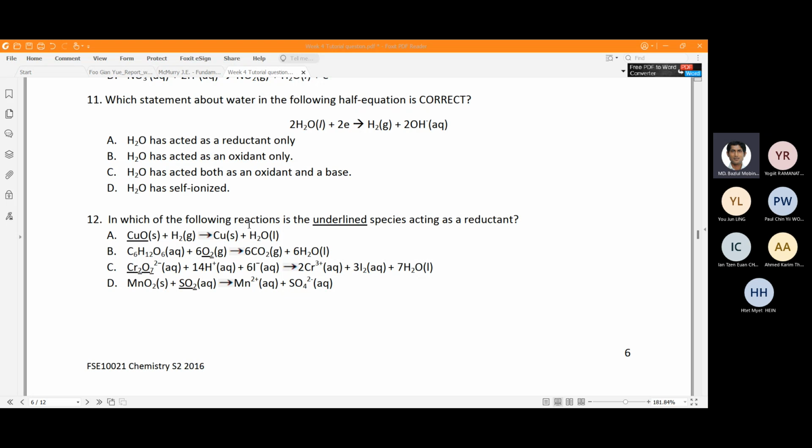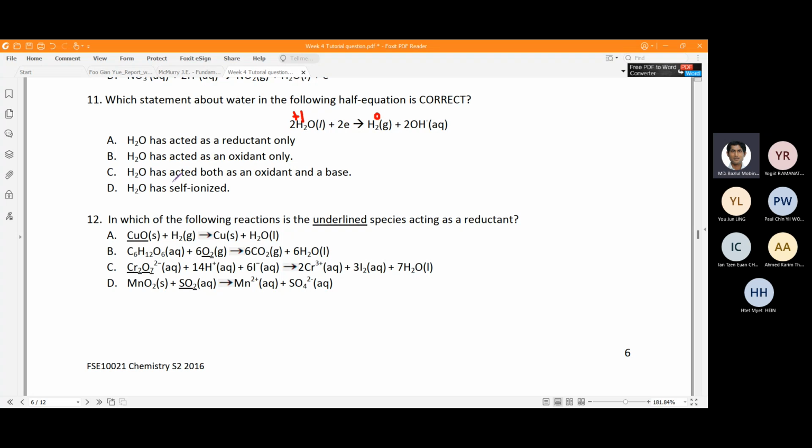Water is acting as an oxidant only, an oxidizing agent, because if we see the oxidation state, hydrogen was +1 in the reactant, but it becomes 0 here. From +1 becomes 0.